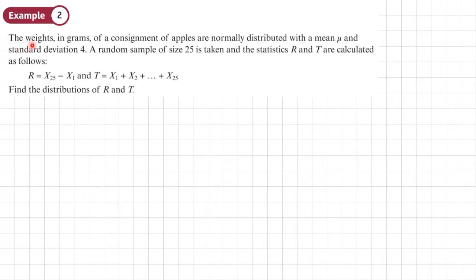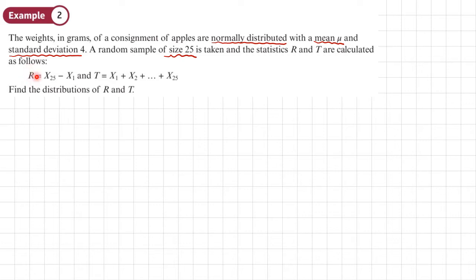Example 2. The weights in grams of a consignment of apples are normally distributed, with a mean mu and a standard deviation 4. A random sample of size 25 is taken and the statistics R and T are calculated as follows.